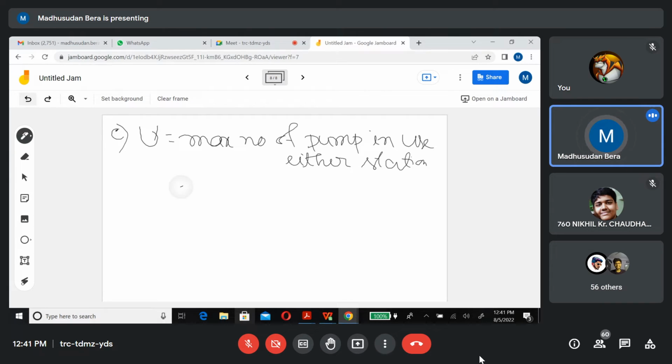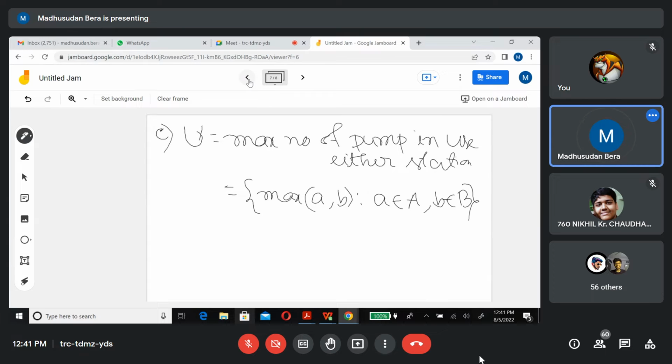That will be the maximum of A comma B, such that A belongs to A, B belongs to B, meaning all such ordered pairs.